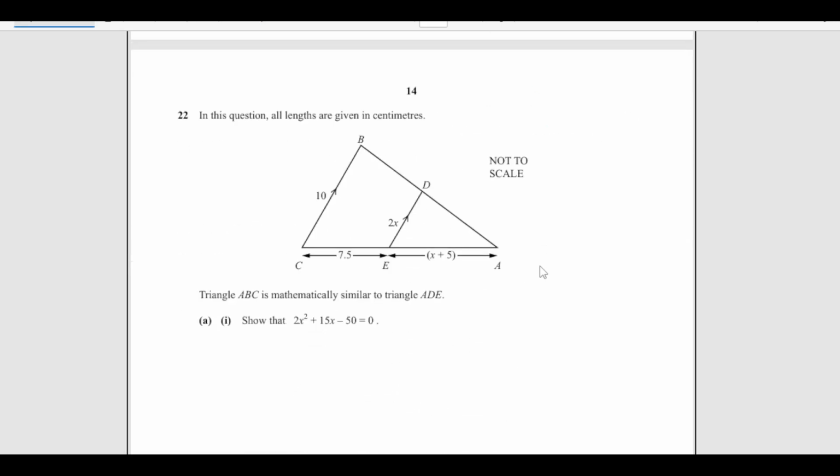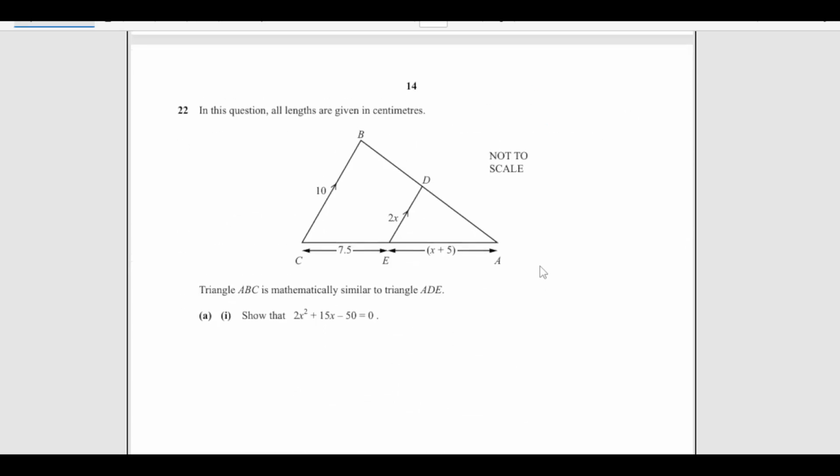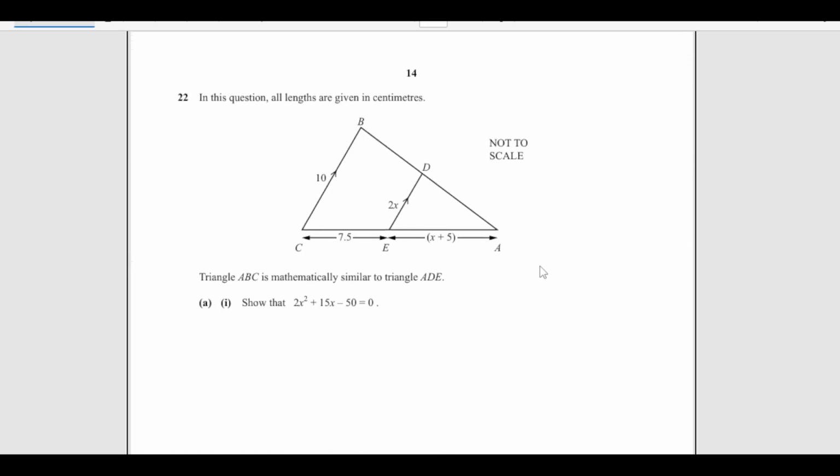Now number 22, in this question all lengths are given in centimeters. Triangle ABC is mathematically similar to triangle ADE. You see this bigger triangle ABC and this smaller triangle ADE, they are similar, right?